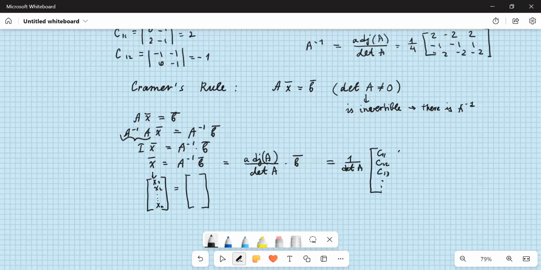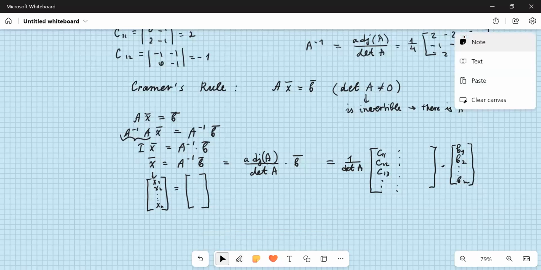So these are the first row cofactors, and I put them as a first column. And I'll need to multiply it by the column B1, B2, and somewhere here, Bn. How do I calculate x1 here?